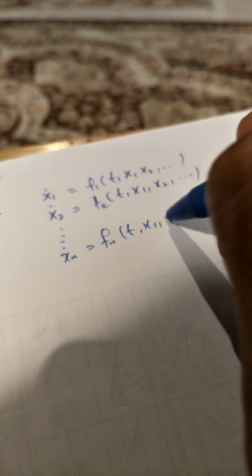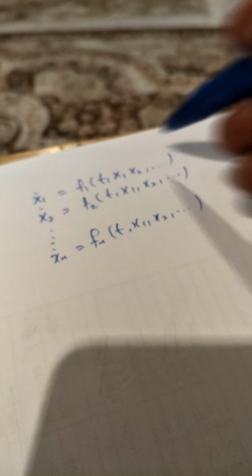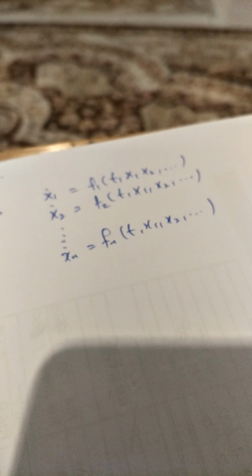You can look at this system as x1 dot equal to f1(t, x1, x2, and so on), x2 dot equal to f2(t, x1, x2, and so on), up to xn dot equal to fn(t, x1, x2, up to xn).